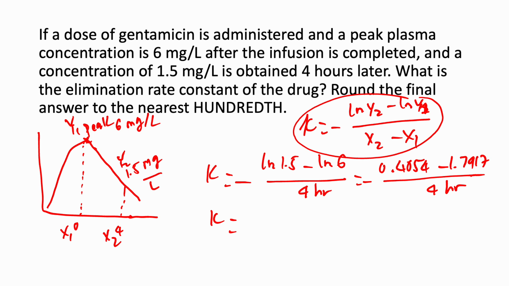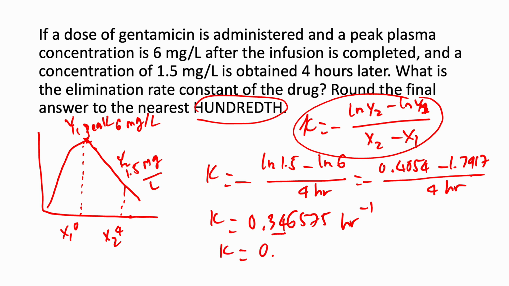Then you divide it by 4. Then you have K equal to 0.346575 inverse hour. Rounding to the nearest hundredth, K will be equal to 0.35 per hour. This is the final answer.